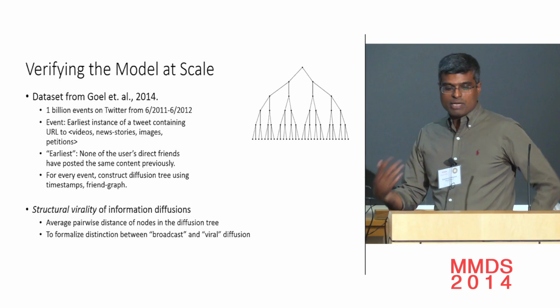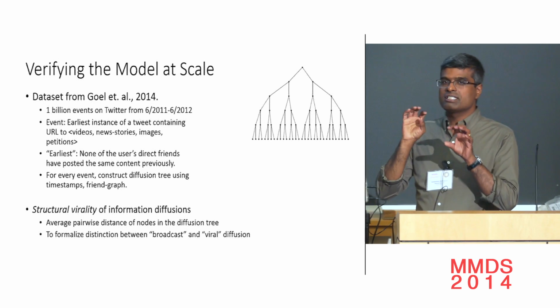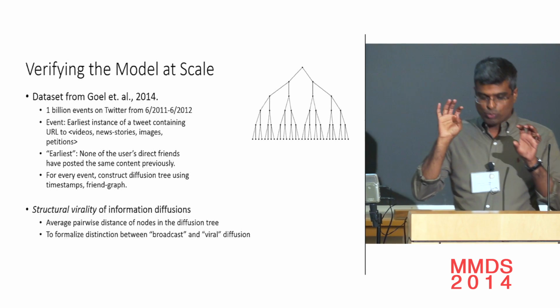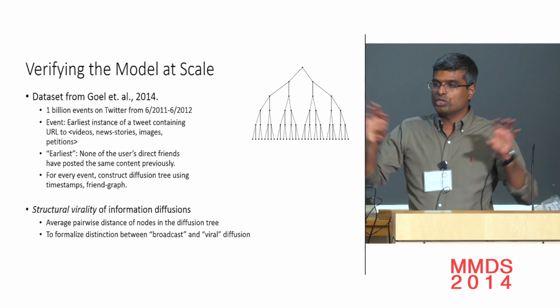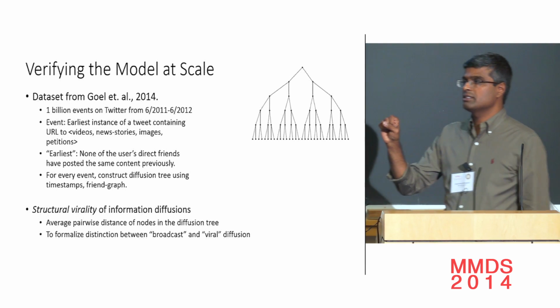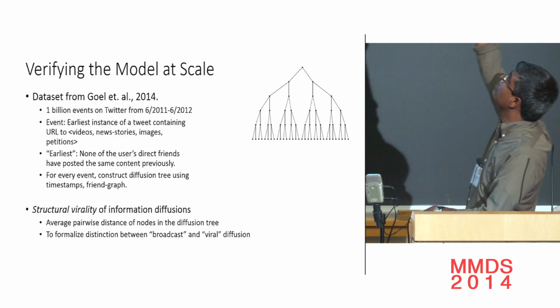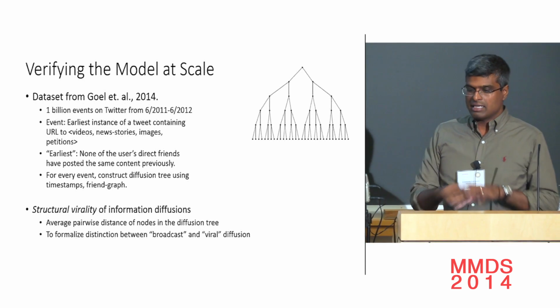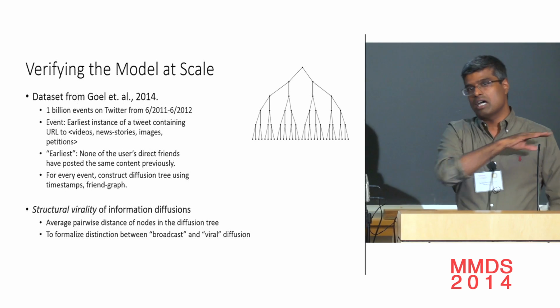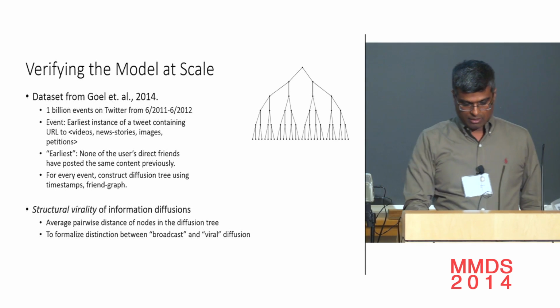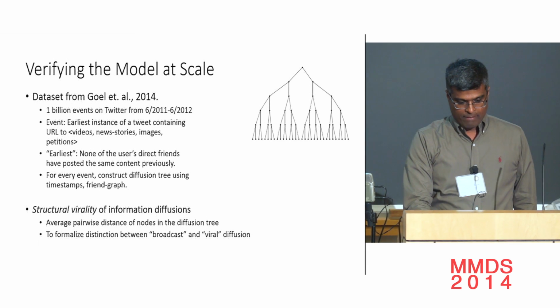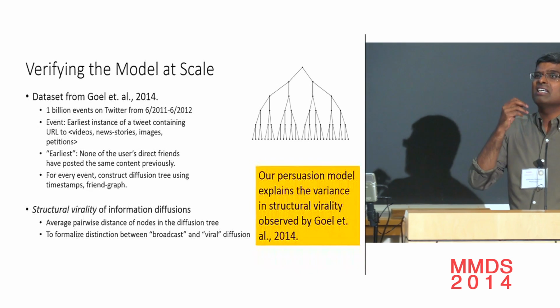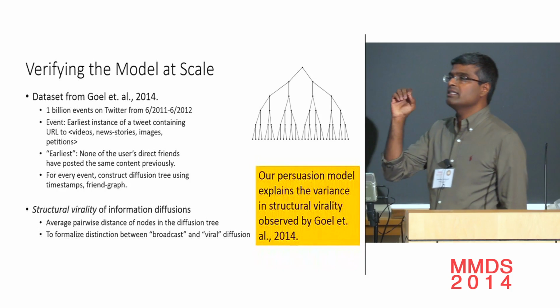And they came up with a measure of structural virality, which differentiates between broadcast diffusion and viral diffusion in these networks. A viral diffusion tends to go deep and take the form of a deep tree, whereas broadcast diffusions are very shallow trees with a large fan out, okay?